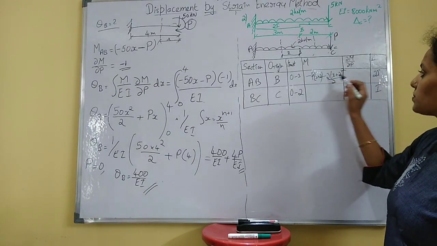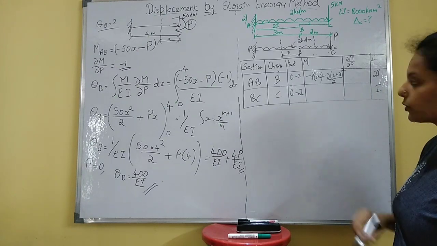So minus P into X plus 2, minus 2 into X plus 2 whole square by 2.